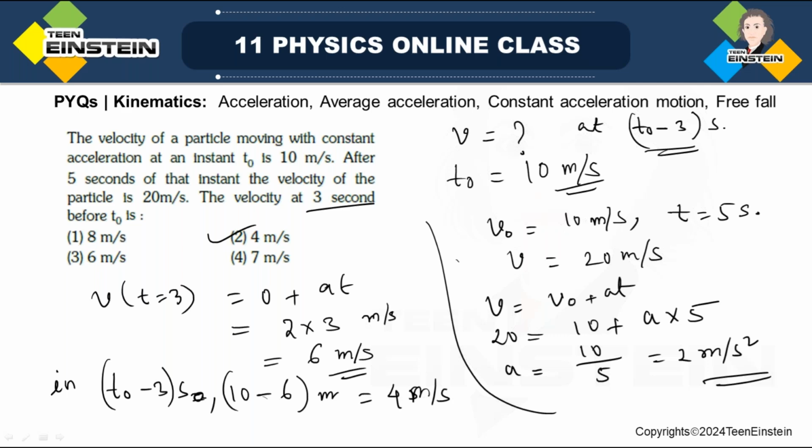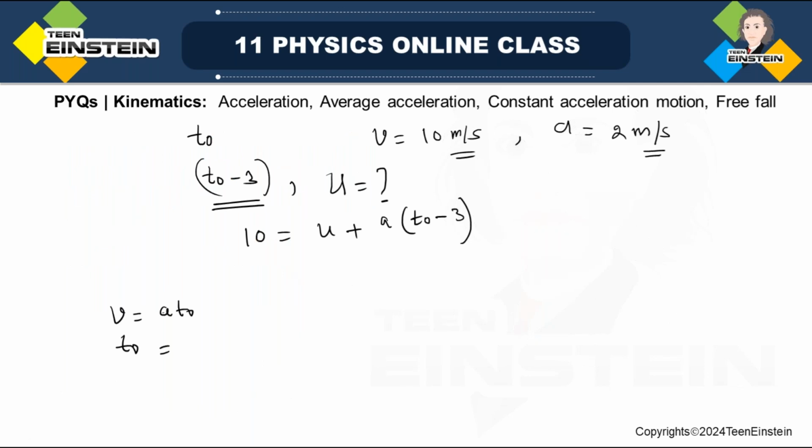So obviously what I have done is correct. If I find the velocity attained in 3 seconds if a particle starts with zero velocity, that is 6 meter per second. I can just subtract from 10, so I get 4. This is the answer, but we can do it in some other way.